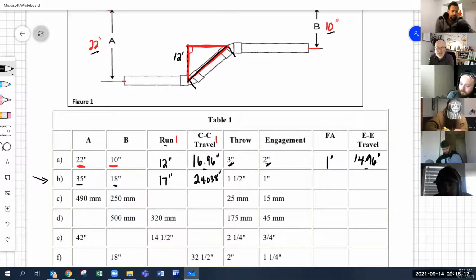That's right. And now I have a throw of 1.5 inches, an engagement of 1, which makes my fitting allowance a 1/2 inch. And then my end-to-end travel, I have 2 fittings, so I must minus 2 fittings. So that's going to be 23.038 is my end-to-end cut length measurement.